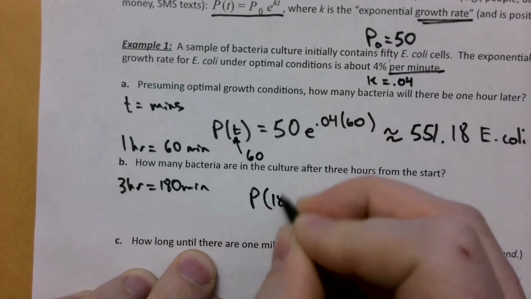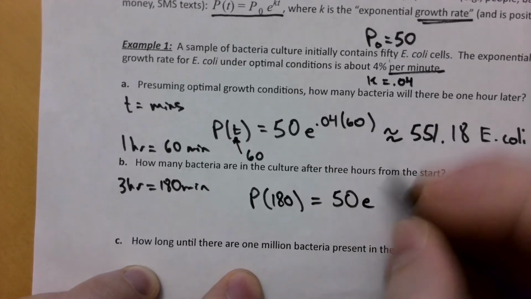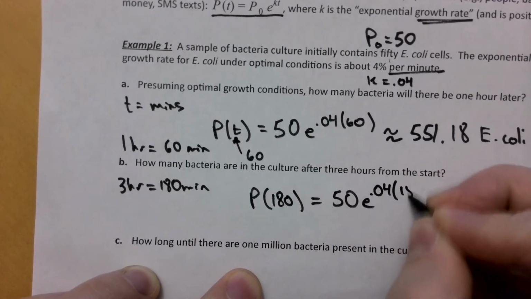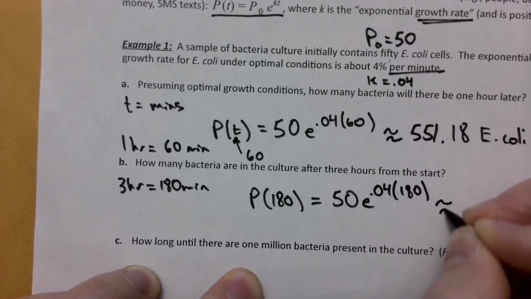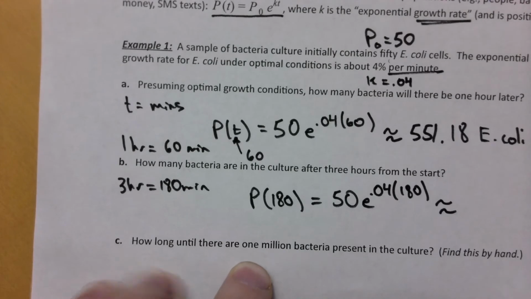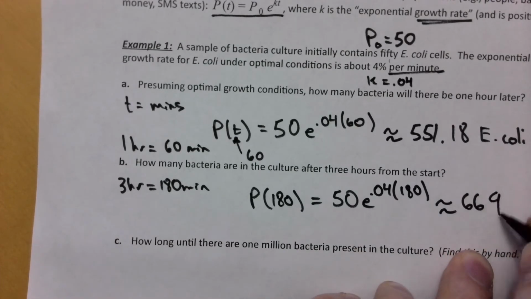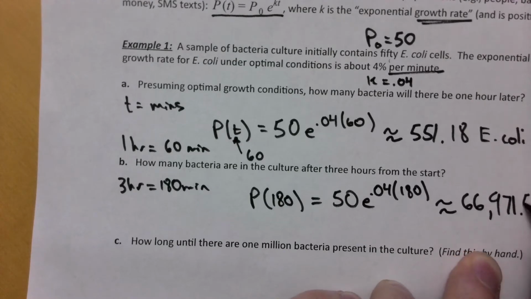So down here, I'm going to put P of 180 equals same initial value of 50, now raised to the 180 power, and let's see what our population looks like here. Oh boy, I messed that up. 0.04 times 180. It is now at 66,971.54. I'm just going to say cells at this point.